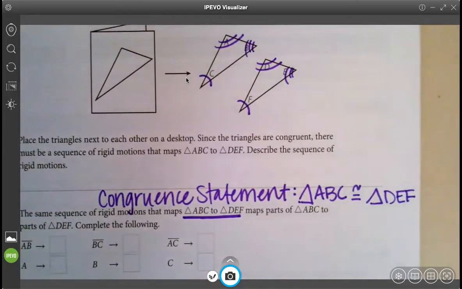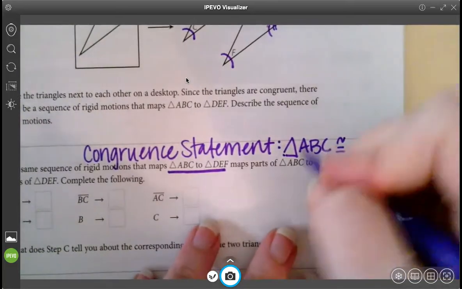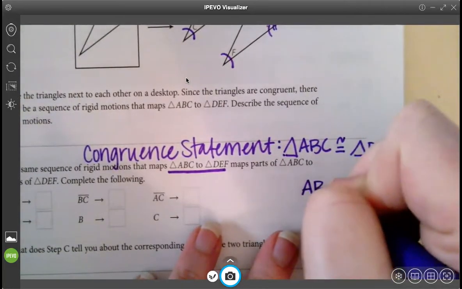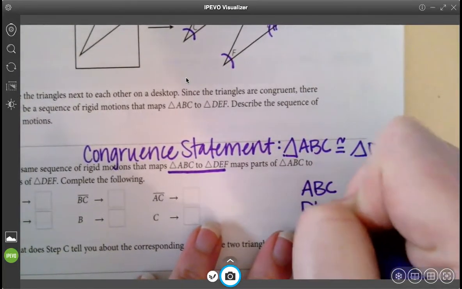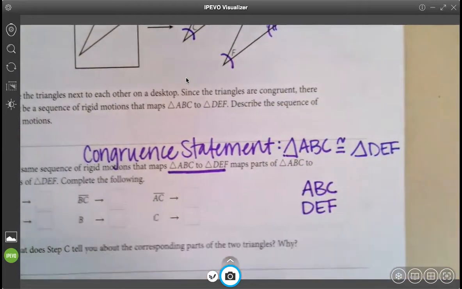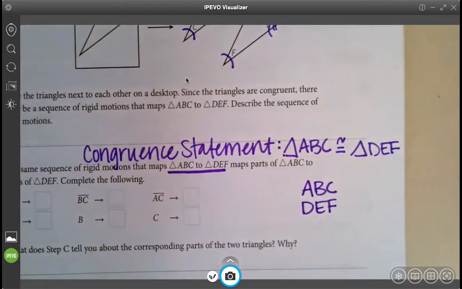To make it extra super clear, I usually stack those letters up for the first example or two. So for example, ABC on top, DEF on bottom. And when you do that, you have certain pairs of letters, and it's just whatever pairs are stacked up.